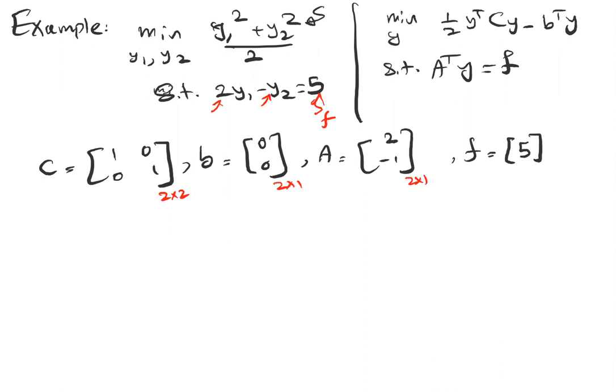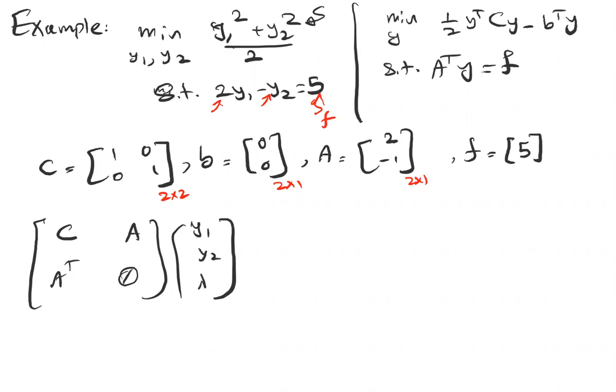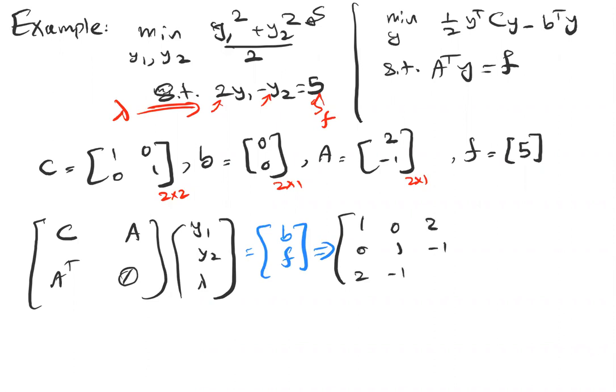So this is the matrix representation. We have C, we have A transpose, 0, y1, y2, lambda. We only have one lambda because we only have one constraint. Is equal to BF. So if you replace the numbers, we are going to have 1, 0, 2, 0, 1, minus 1, 2, minus 1, 0.